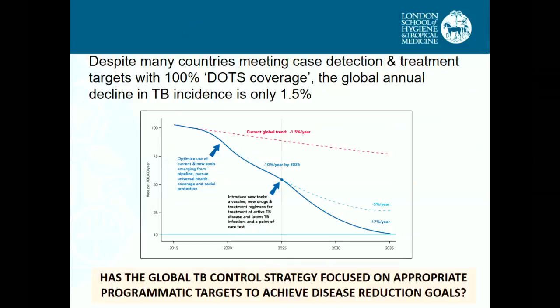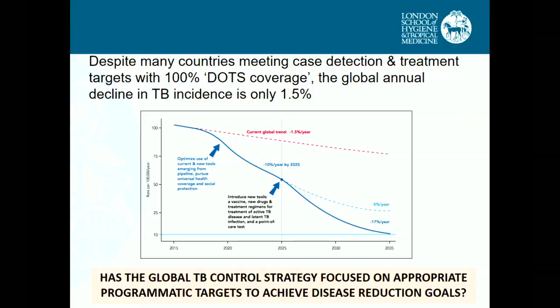This is a chart that I really like because it helps to highlight that despite the fact that we put in a lot of effort in reaching the 70% case detection targets, we're still not seeing the sort of incidence declines that are expected. So this is at the global level, but again, the story is the same for China, particularly Western China, where the case finding and treatment success rate is very high, but they haven't seen a decline in incidence.